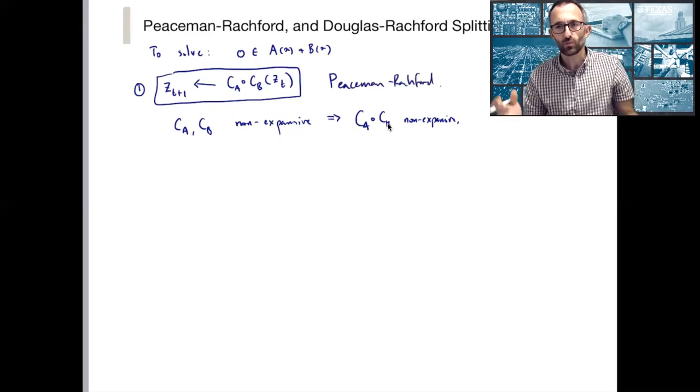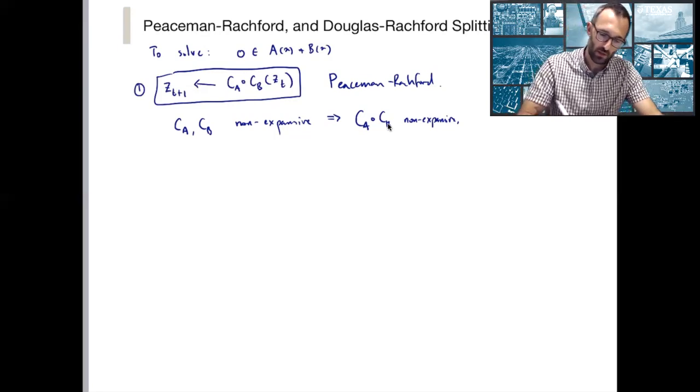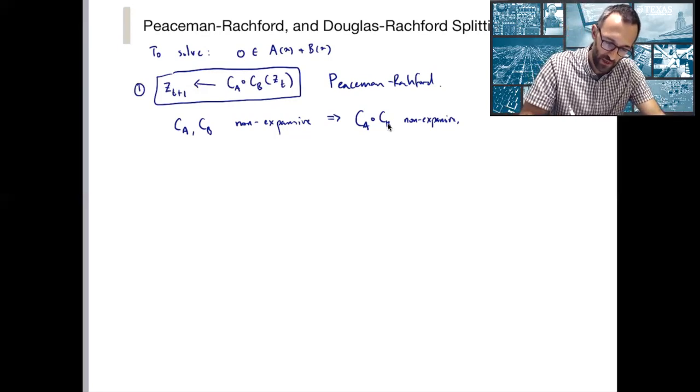And now we've also discussed that whenever we have a non-expansive operator, in order to guarantee convergence, all we need to do is form an averaged operator, since if we average a non-expansive operator with the identity, it's going to have the same fixed points, and as we've discussed in previous lectures, we have now a guarantee of convergence. And this is, in fact, the Douglas-Rachford algorithm.